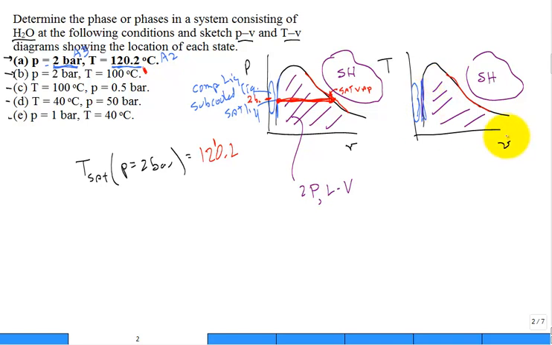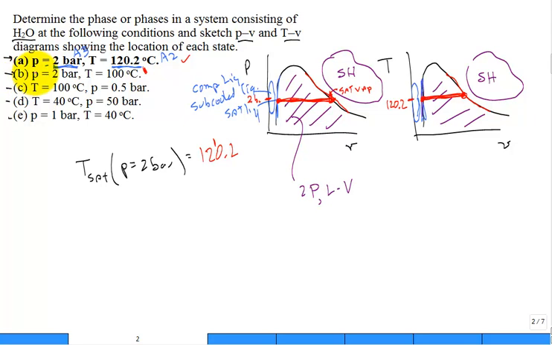On a TV diagram, you would draw a temperature on the y-axis, 120.2, and you would say it's somewhere between saturated liquid and saturated vapor, somewhere along that horizontal line from the extreme left, saturated liquid, to the extreme right, saturated vapor. Okay, that's the first one.